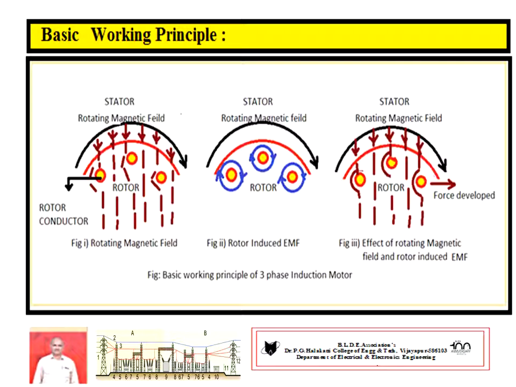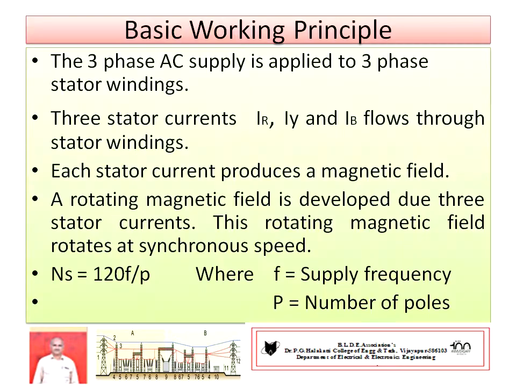Try to understand the same points again. When a three-phase AC supply is given to the three stator windings, three stator currents IR, IY, IB flow through the stator windings. Each stator current produces a magnetic field.